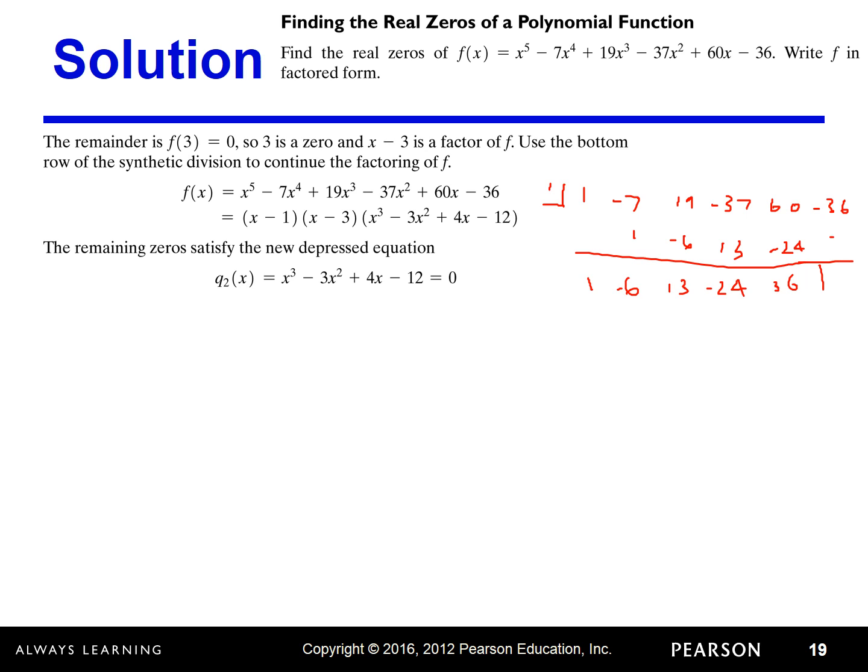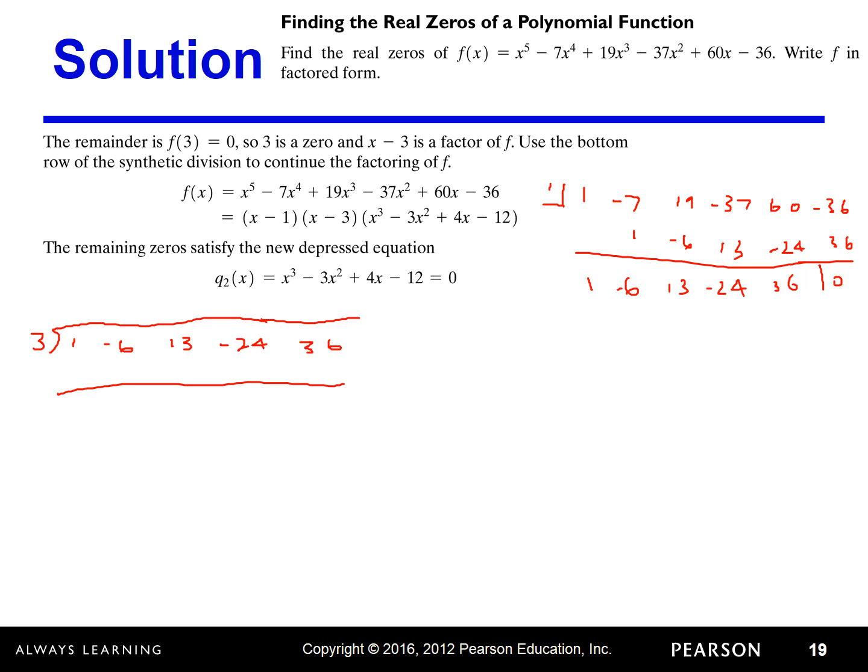Multiply and add. Okay, so there's your depressed polynomial. So we'll try the 3, which we know from the graph is an x-intercept, in 1, negative 6, 13, negative 24, 36. And let's verify. We expect a 0 remainder.